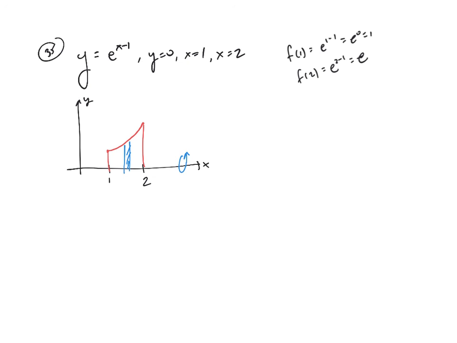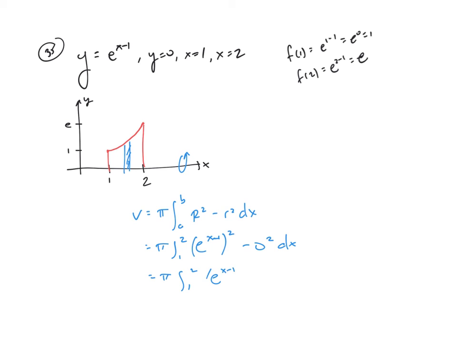Rectangles perpendicular to the axis of revolution. Big R, little r: pi times the integral from 1 to 2 of (e to the x minus 1) squared dx, and little r is again 0. So the integral from 1 to 2 of (e to the x minus 1) squared dx.